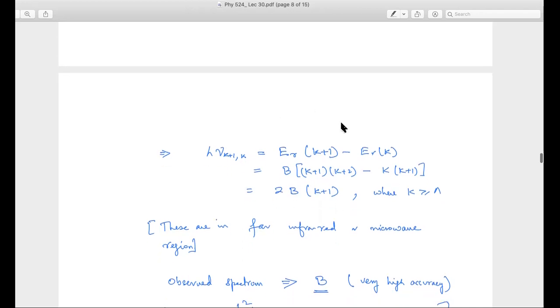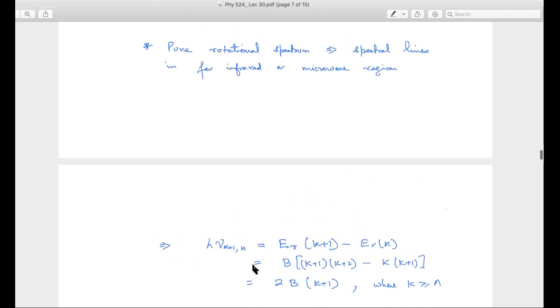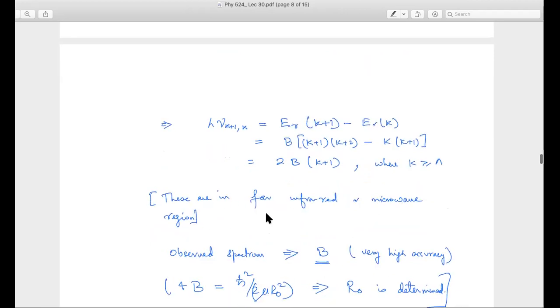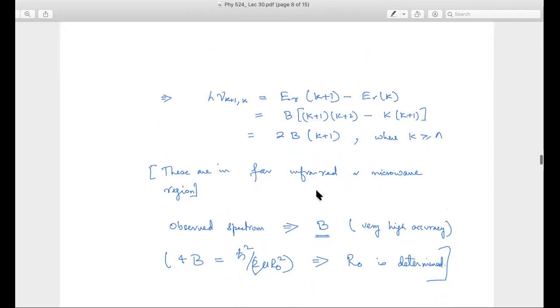Recall that k is always larger than or equal to delta. So these are the pure rotational spectrum lines, given by 2b times k plus 1, in the far infrared or microwave region. If you do experiments and observe these lines, which correspond to only a rotational spectrum, then just by picking up the difference of these spectral lines you can calculate b.